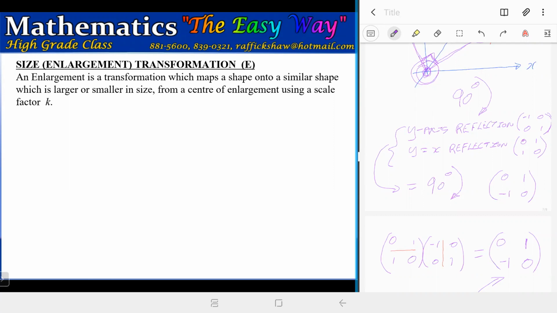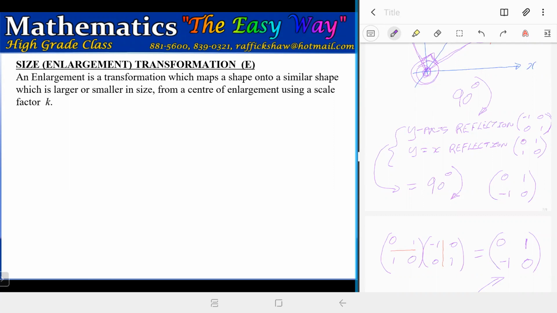The center of enlargement is almost like a light source casting a shadow of an object on a wall. The image on the wall is the image of an enlargement if that image gets larger. So the center is like a light source, and you want the shadow to be larger than it was before.